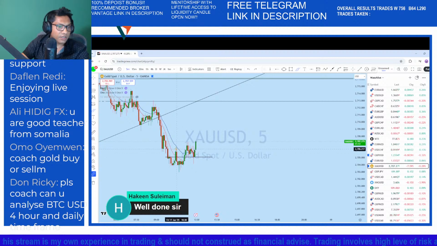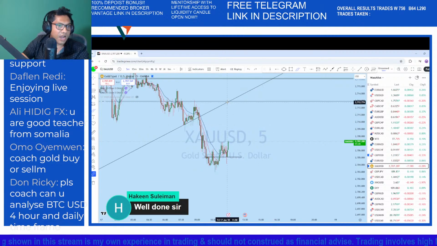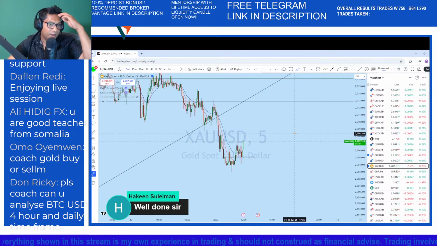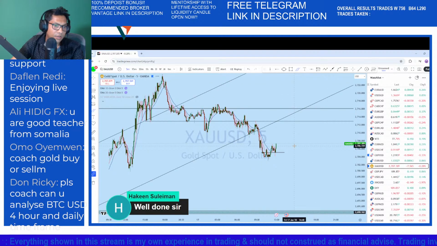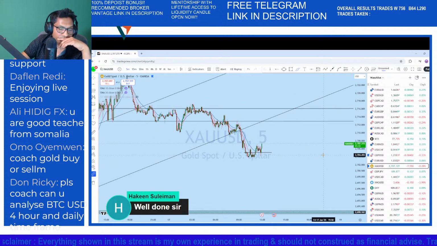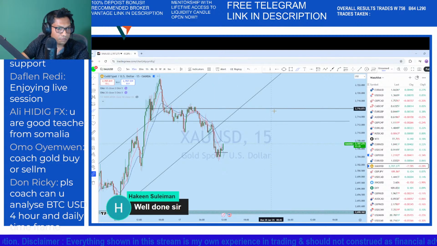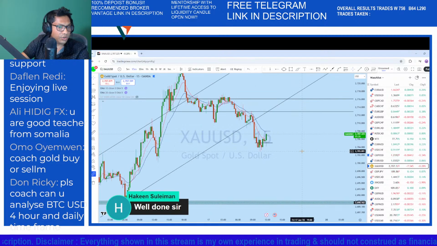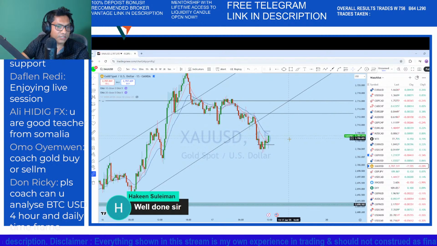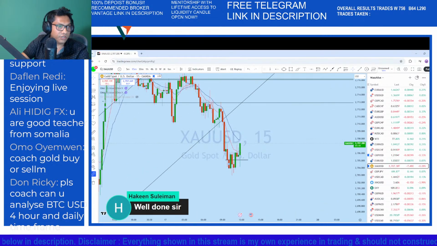With that inverted head and shoulders formed, expecting the price to go ahead, break the high, and potentially retest this support as a resistance. We will be looking for potentially another bounce. So here, as the market is trending, we can look for an entry to the upside.